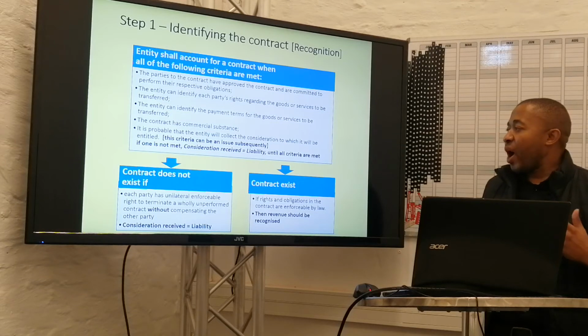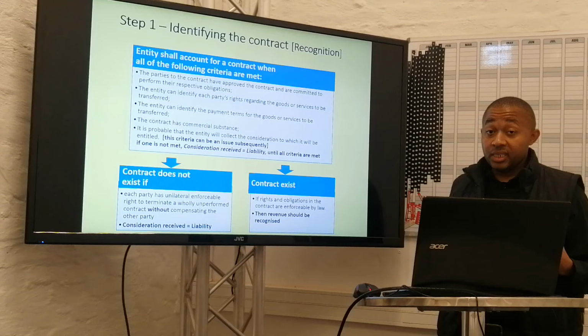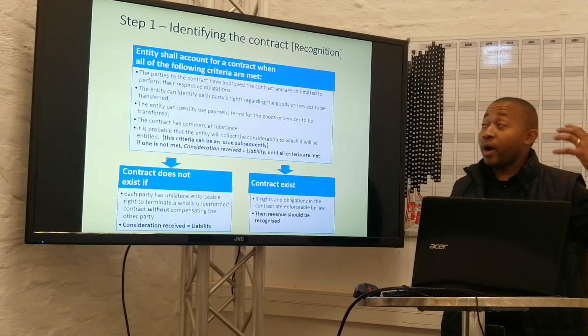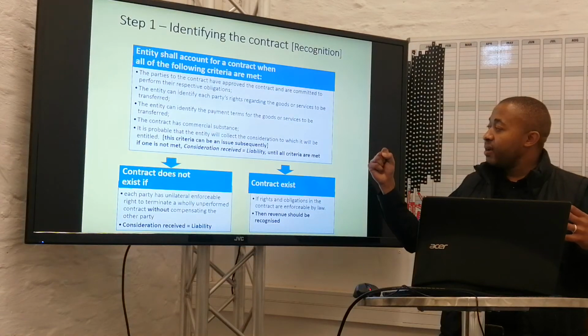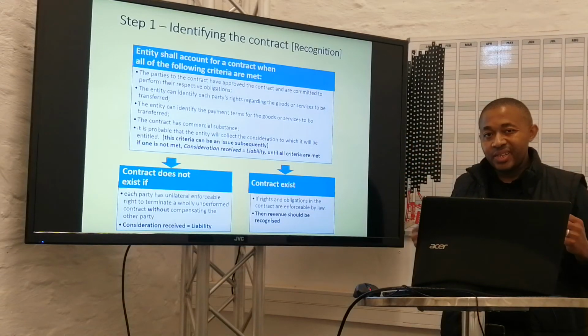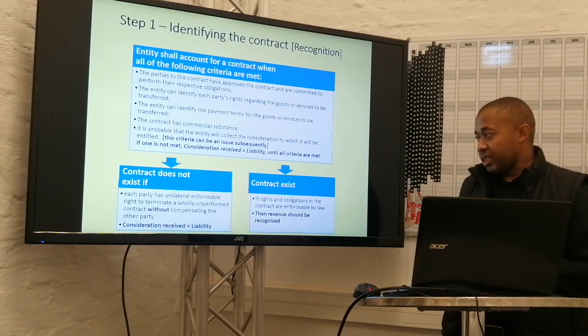If one is not met, consideration received is recognized as a liability until all criteria are met. So if you receive consideration, but one of the elements above is not met, the consideration received is a liability.